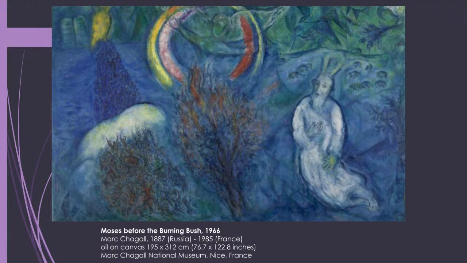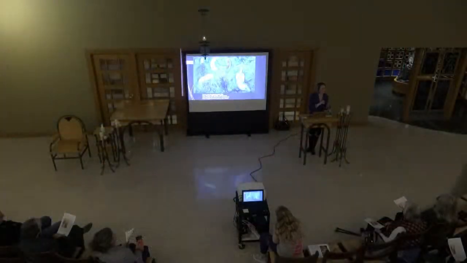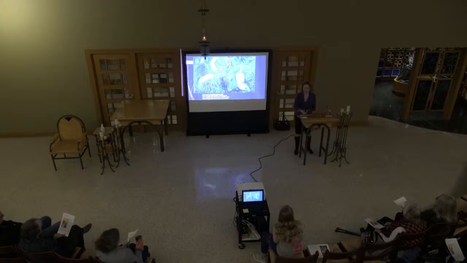The hand demonstrates the devotion of Moses, and the bare feet. And here the fire is more even. But I think he's not so much concerned with realistic depiction of the event, more the ideas.